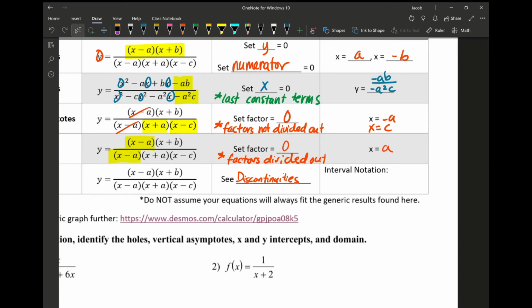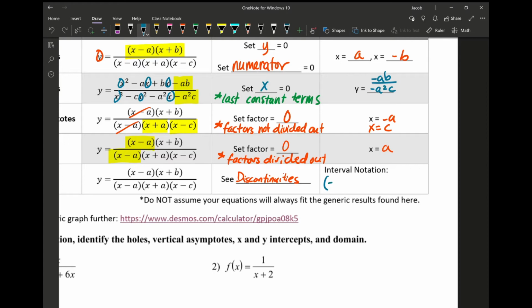We're not really sure what they are for this, but since c is a further letter in the alphabet, it'll be a bigger number. It doesn't quite matter because we're using negative a and positive a, not negative c.